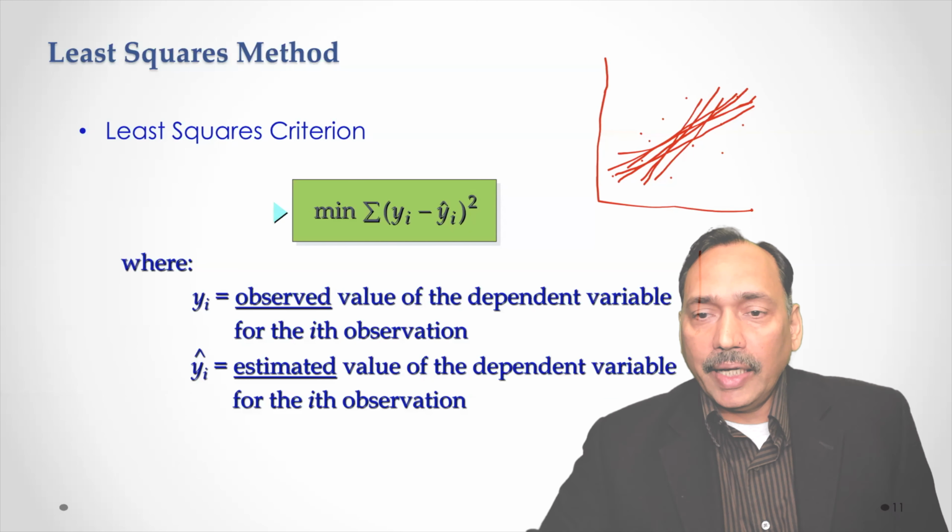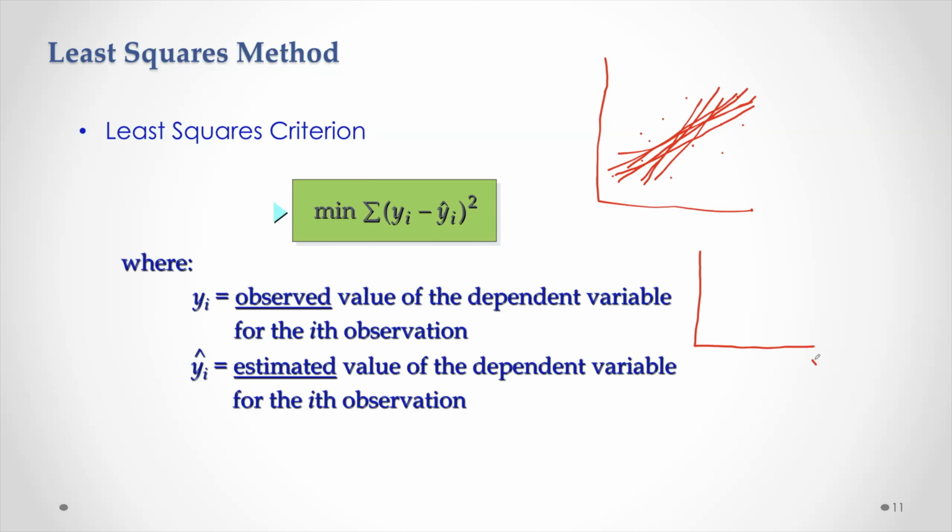Now, what is yi? Each data point is a yi. So suppose this is x and this is y, and we have some data points and a straight line. So this line is the predicted line, or our y hat, with the b0 plus b1x equation. So for any xi value, let's say this value here, where i means the ith value, the predicted value for this is from the equation that we have for y hat.